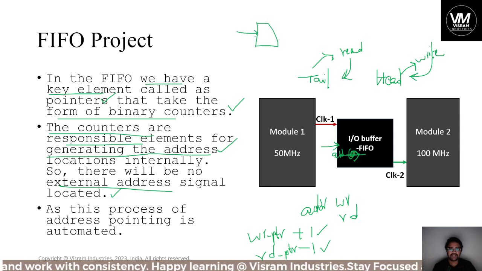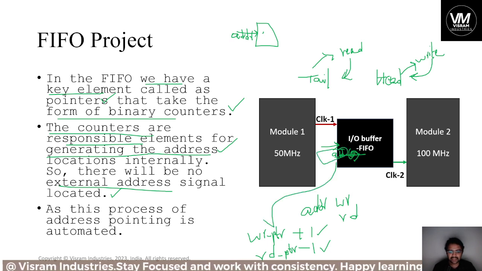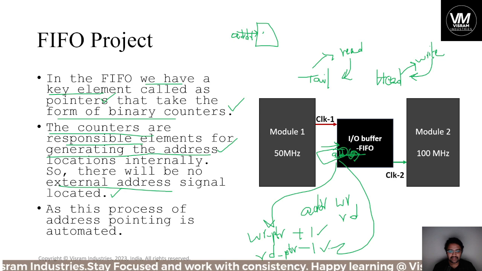For a memory, to read or write data, we look at address locations, and that address location is given manually by us. But in the FIFO, these address locations are generated by the write pointer or the read pointer, and that helps in the read and write process.